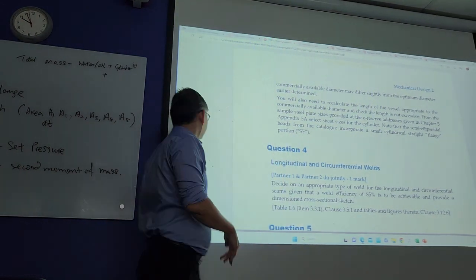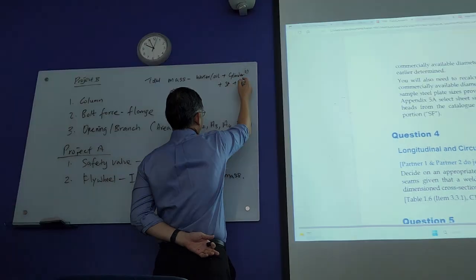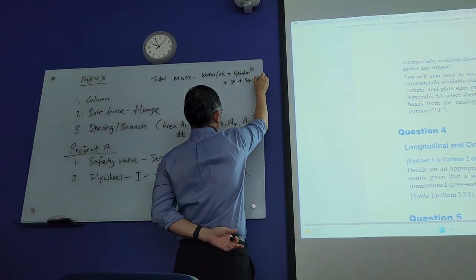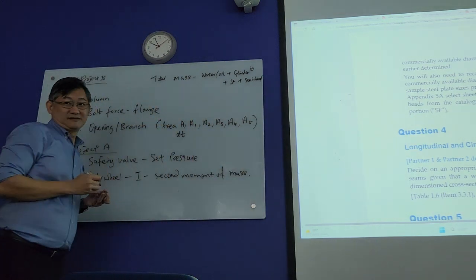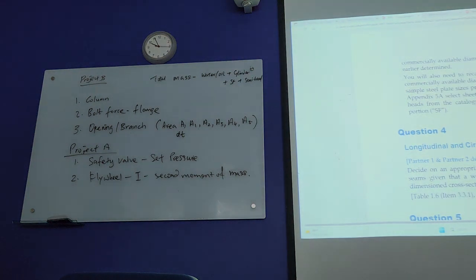So this SF is your straight flange plus your semi-ellipsoidal. Total weight, you have to include this. The length of your cylinder, you have to include this.